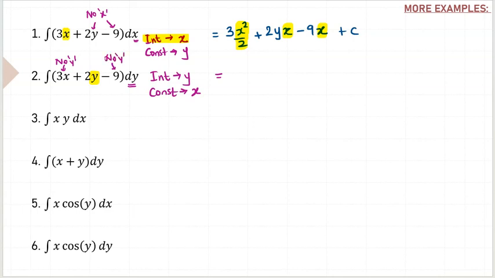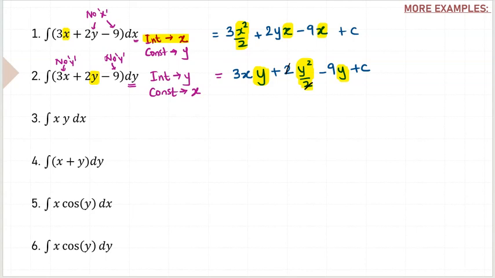So just do the same thing. 3x, and since there is no y, you multiply with y, plus 2 times the integral of y, which is y square over 2, minus 9, and no y means multiply with y. Clear? When there is no y, we multiply it with y, and this y we integrate to y square over 2. And then you can cancel the 2 with 2.